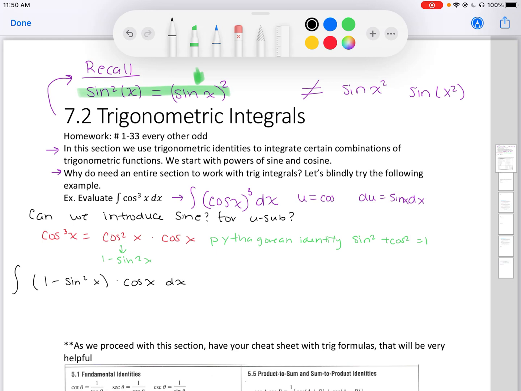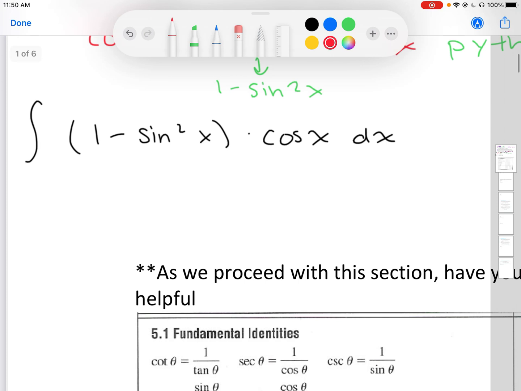And we have to think about what would be the best option for our problem. Now, this didn't work before, right? So let's take a look at our new integral problem. Well, we know the derivative of sine is cosine, and sine is something that's in parentheses squared, right? So that would be our ideal u.